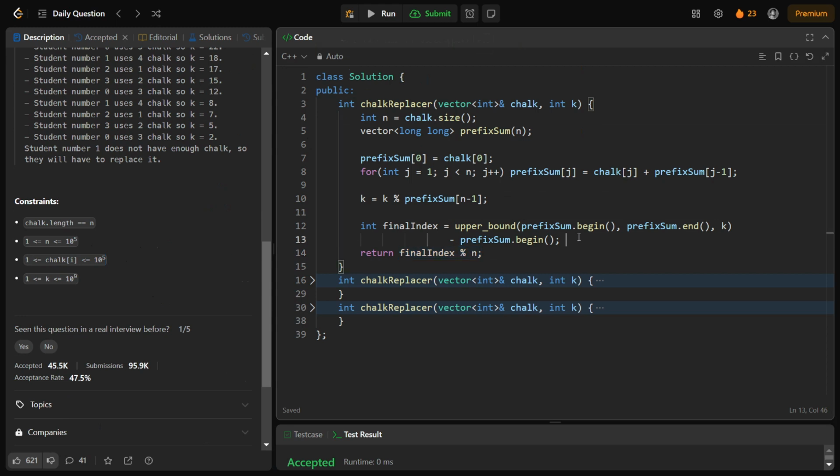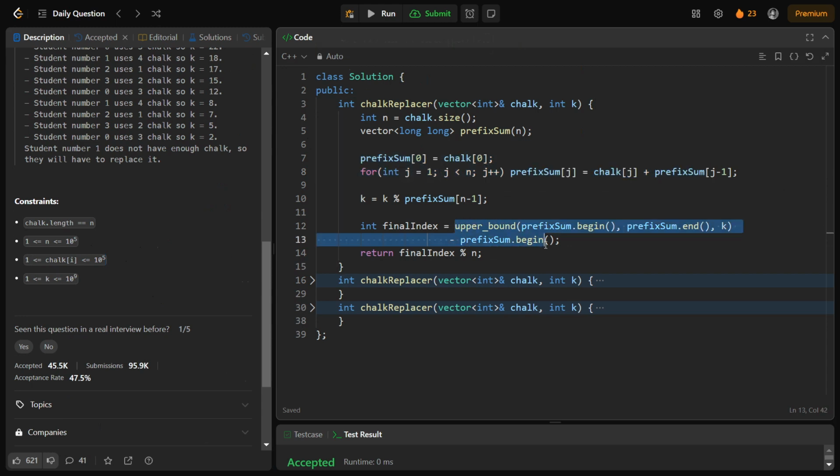The reason I'm not explaining this is that not everyone is comfortable with or knows what this upper bound is, but just so you know, when you are doing the prefix sum, every number would be greater than the previous number, right? So this prefix sum list is already in sorted order. If you realize that this list is in sorted order, then to find an element, what I could do is just use binary search.